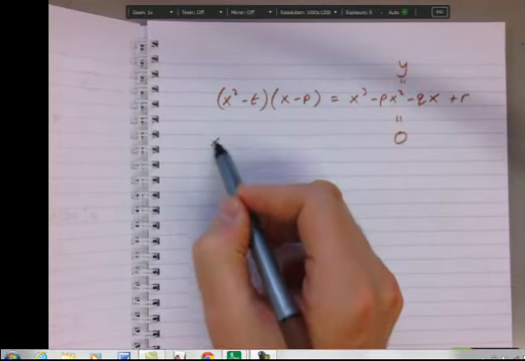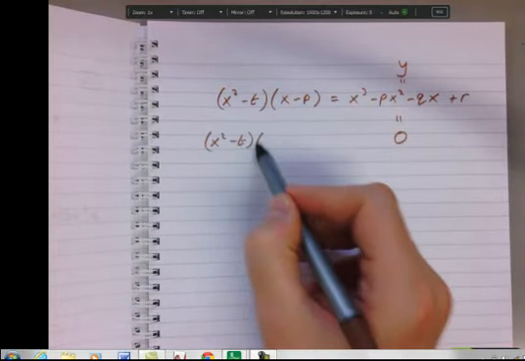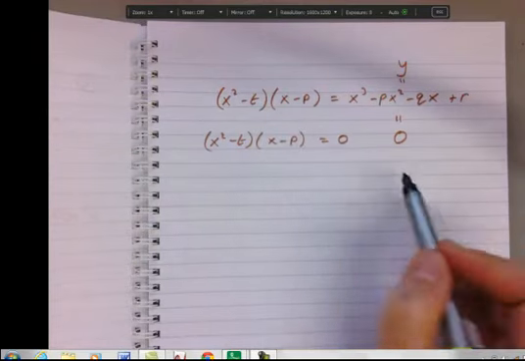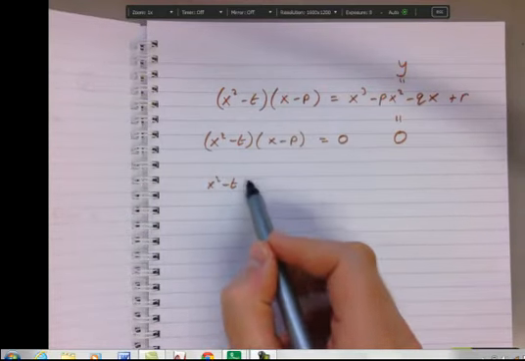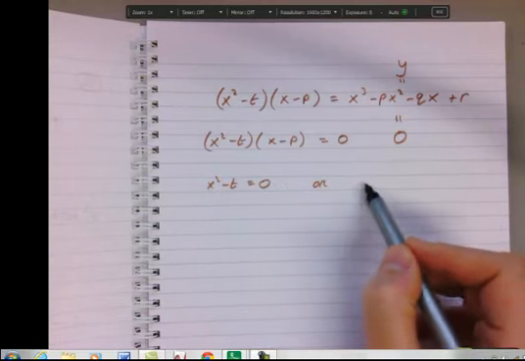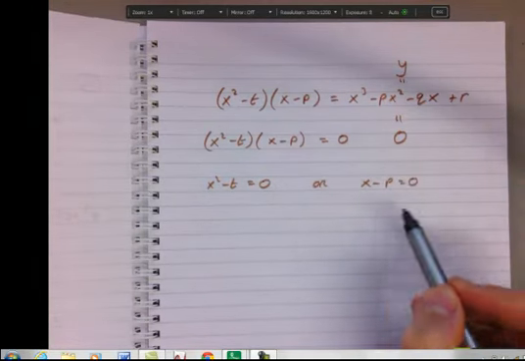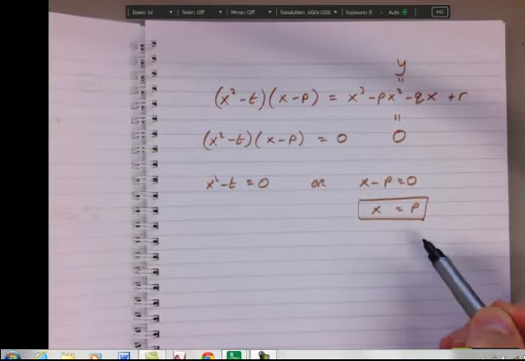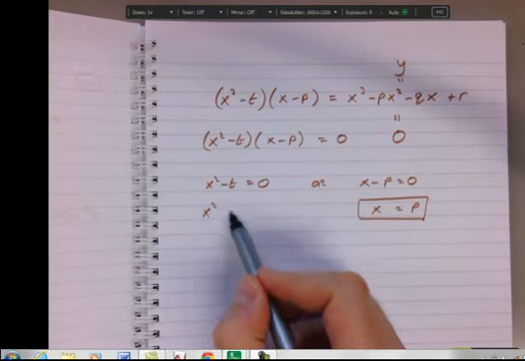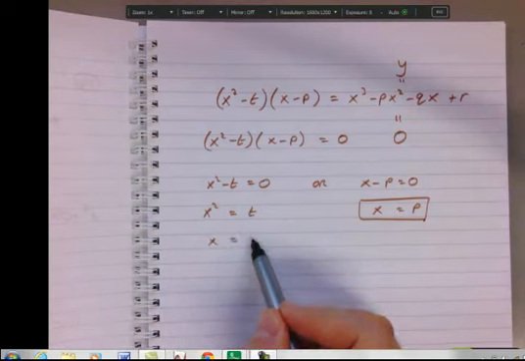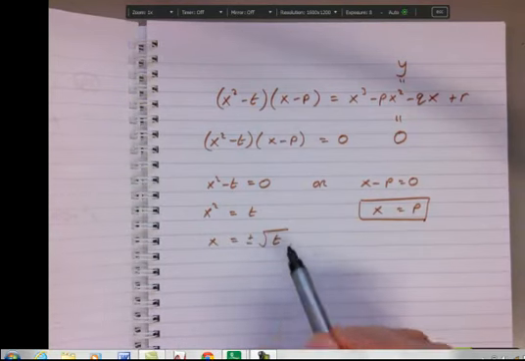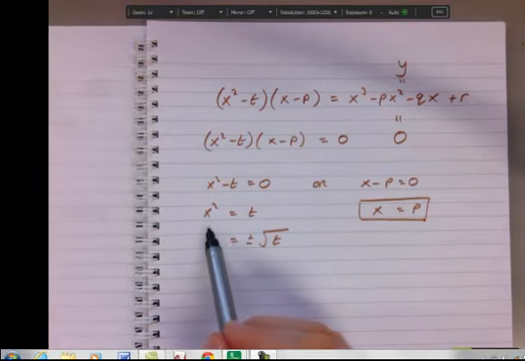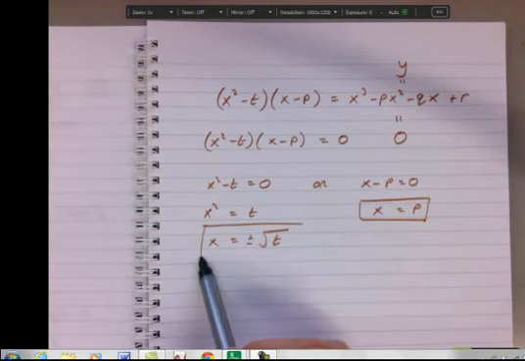So we end up with x squared minus t, x minus p equals 0. x squared minus t is equal to 0, or x minus p is equal to 0. So x is equal to p, there's one root. x squared is equal to t. x is equal to plus or minus the square root of t. Now, that's our second root.